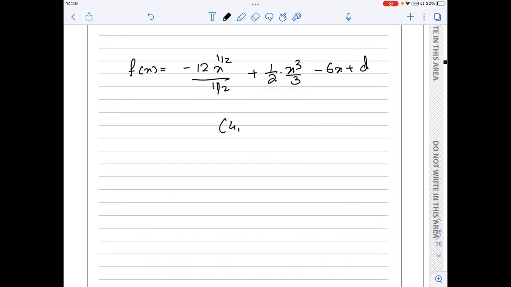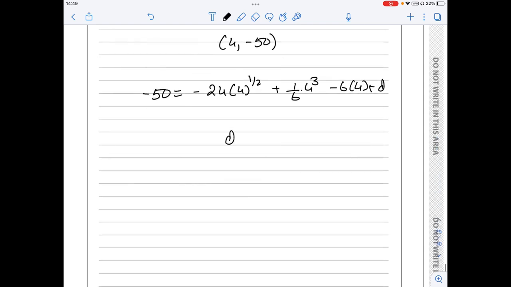Now plugging in the point 4 comma negative 50. Negative 50 equals negative 24 4 power 1 upon 2 plus 1 upon 6 4 cube minus 6 times 4 plus d. This gives me d value as 34 upon 3.